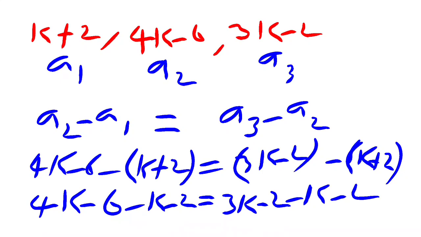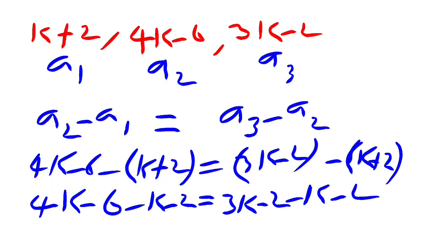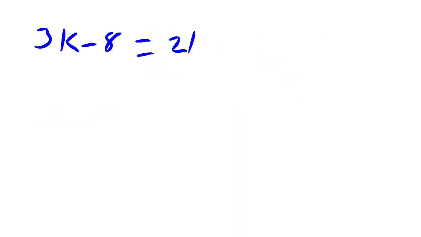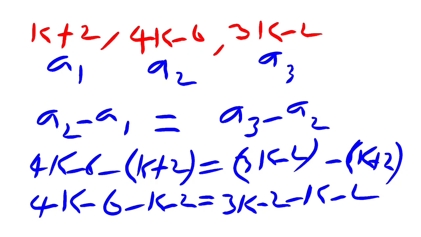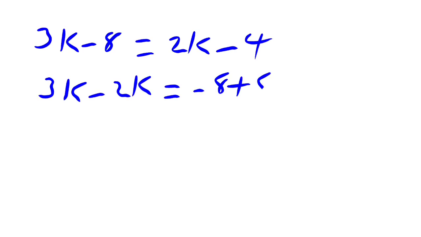So let's simplify the LHS. 4k minus k is 3k and minus 6 minus 2 is minus 8. It is equal to 3k minus k, 2k, and minus 2 minus 2 is minus 4. So write k terms on the left side and constants on the right side.